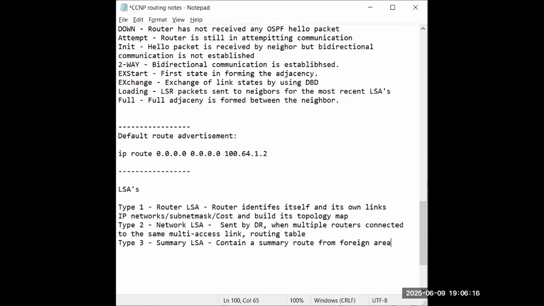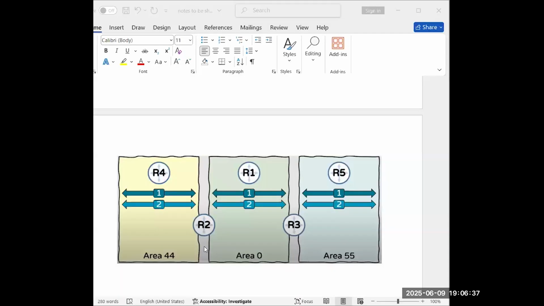This summary LSA is sent by the ABR routers in both directions. In the topology, you see this is an ABR router, and this is an ABR router.